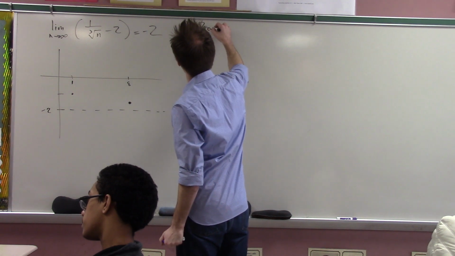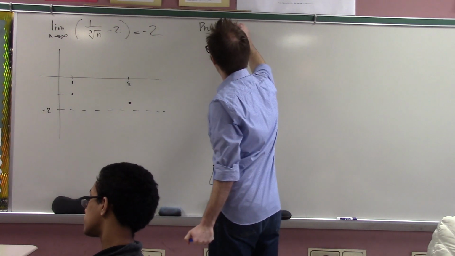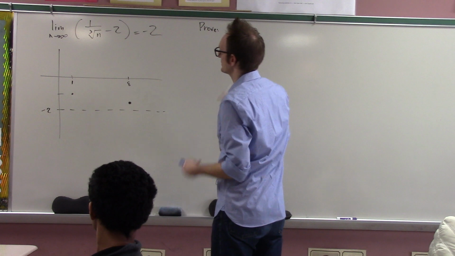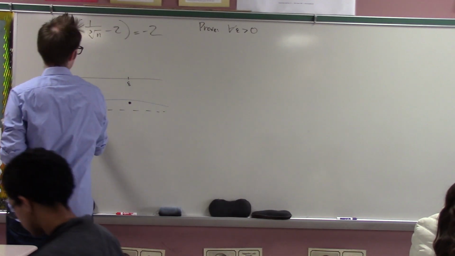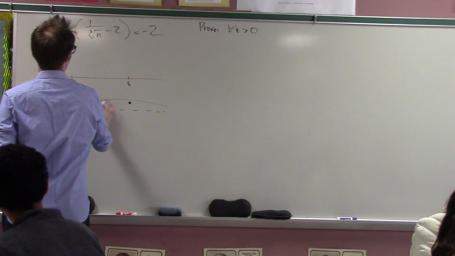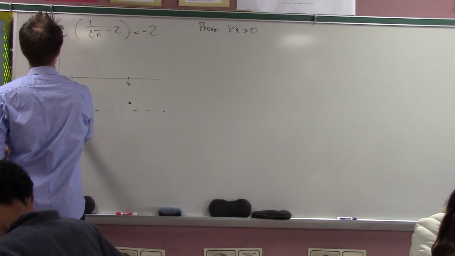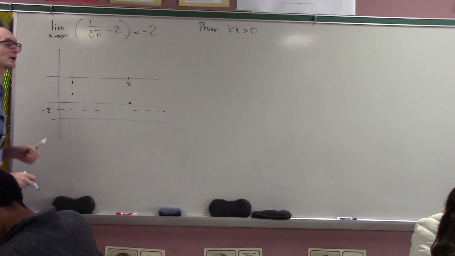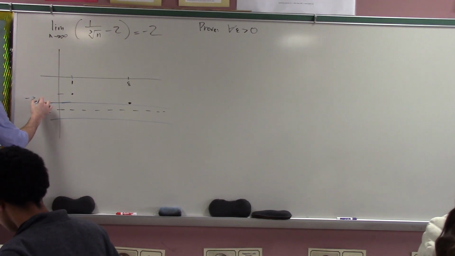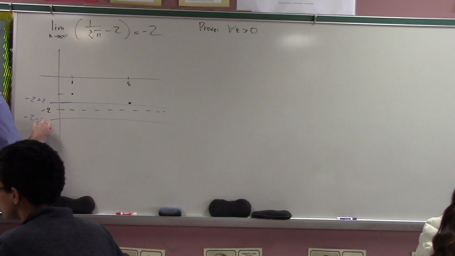What I need to prove is that for any possible epsilon greater than 0, and epsilon is the challenge that is issued by someone who is skeptical, and this is negative 2 plus epsilon, this is negative 2 minus epsilon.